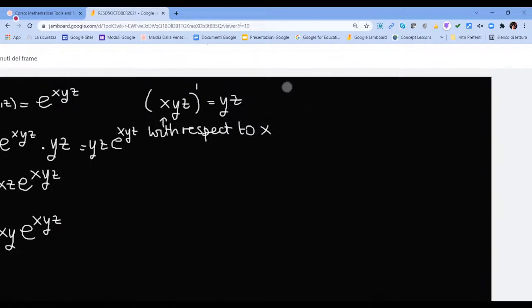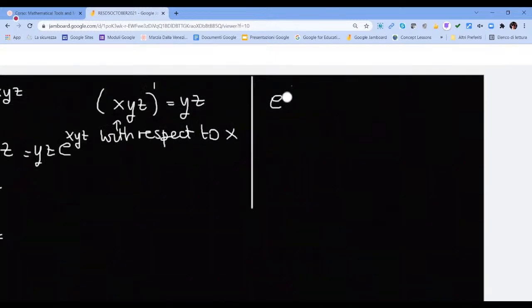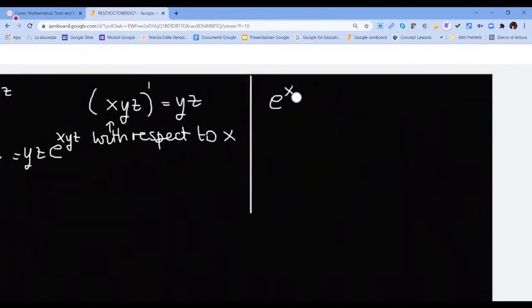Of course, maybe I can do another example that comes to mind, because if you have, for instance, something like x squared times logarithm of x.